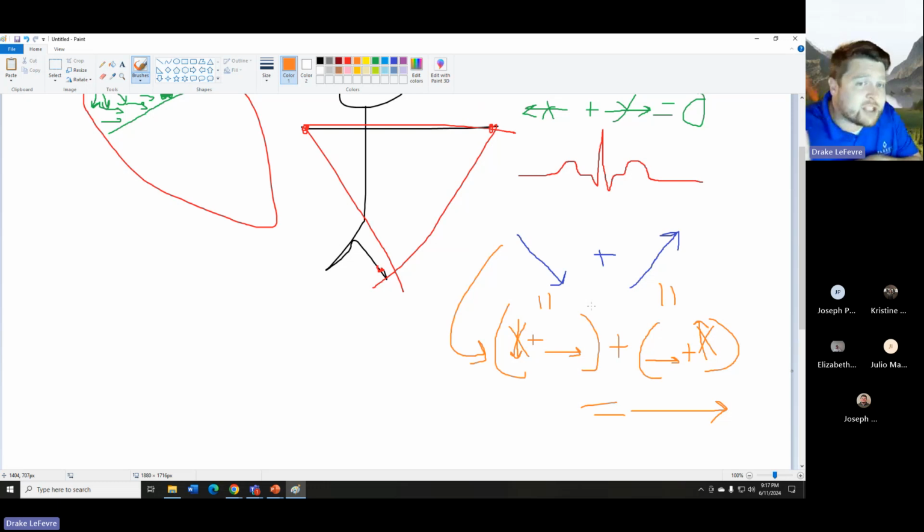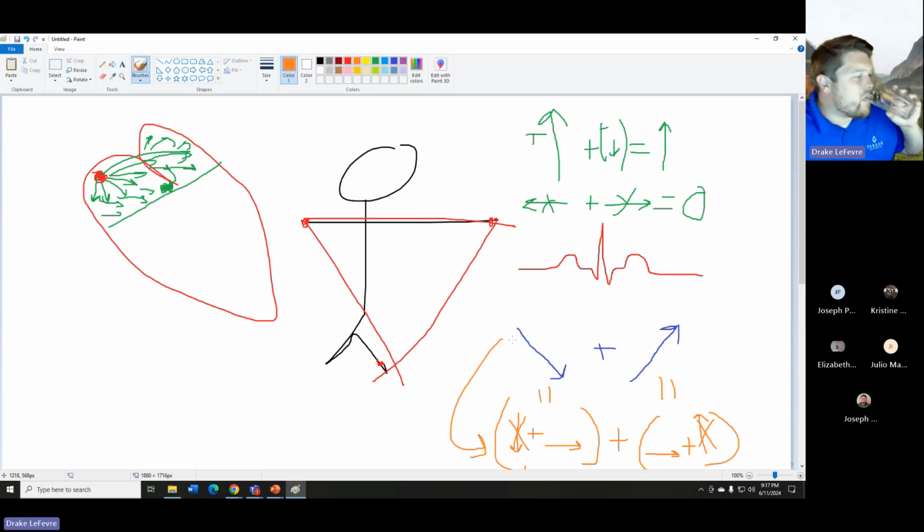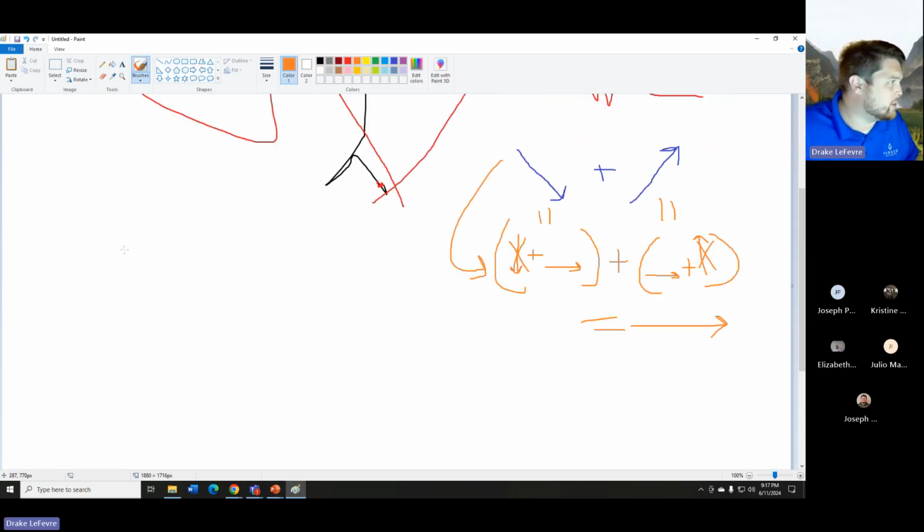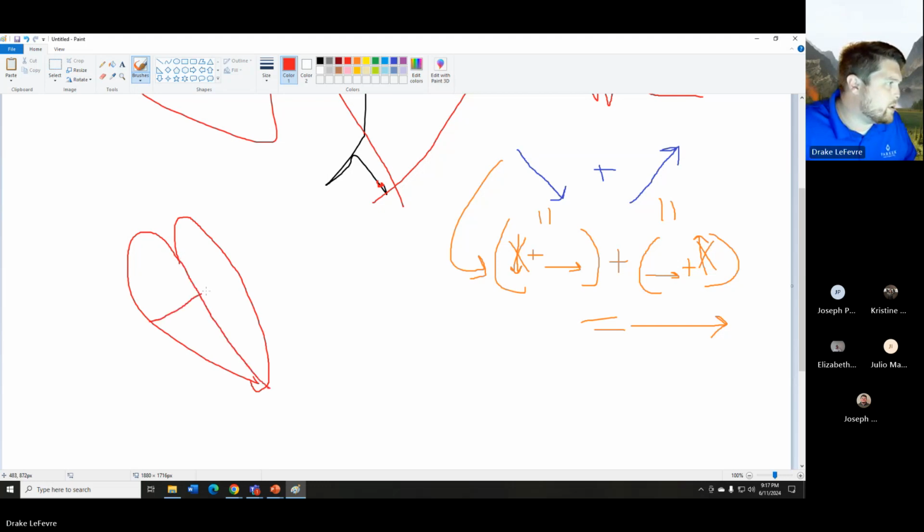We're looking at the arrows first. The arrows have direction and they have magnitude. Up here in the heart, I'm going to draw a new heart. So we have our heart right here, just like this. Here's our SA node.